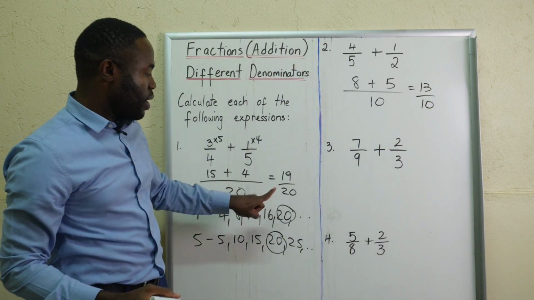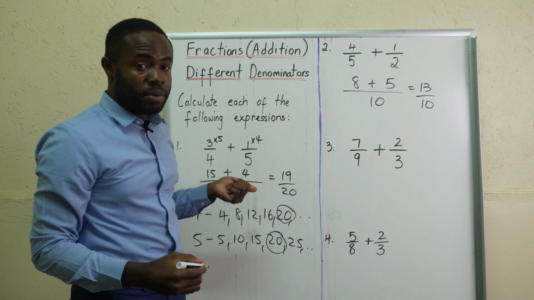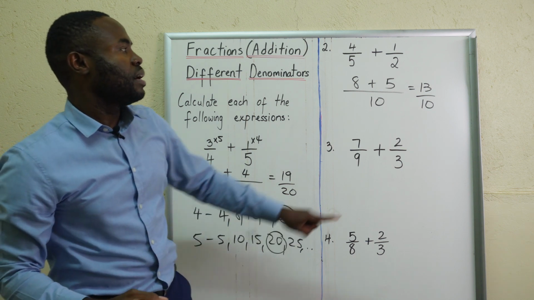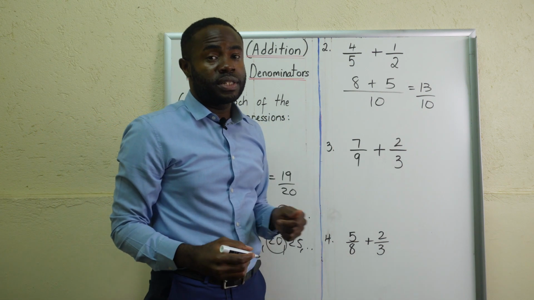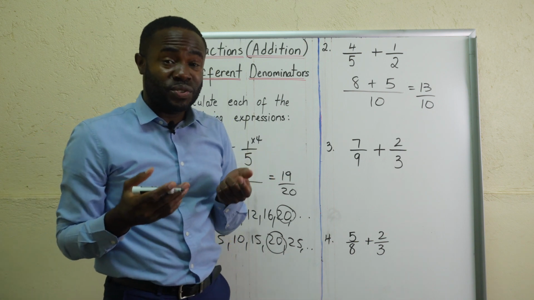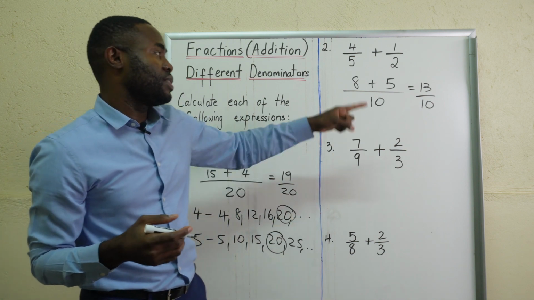Now, if we can come back to the first question, you'll notice that this is a proper fraction, meaning the numerator is smaller than the denominator. But if you look at this one, you'll notice that it is an improper fraction. So, depending on how the question is structured, it might want you to convert it to a mixed number. So let's do this.